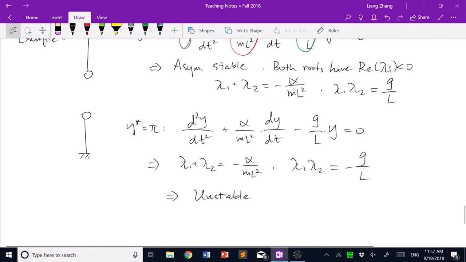So this is the Hartman-Grobman theorem. Basically, you look at the linearized system and determine its stability. If it's asymptotically stable, then you're safe. The nonlinear system is also asymptotically stable at that equilibrium. If it's unstable and some characteristic roots indeed have a positive real part, then the original nonlinear system is going to be unstable.